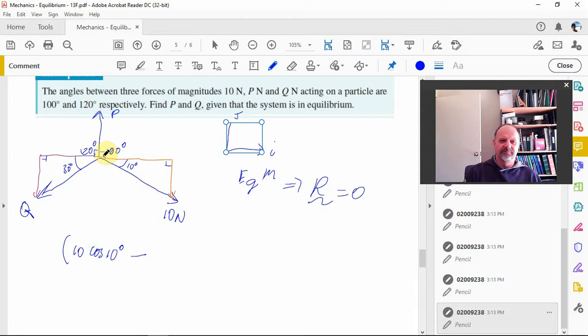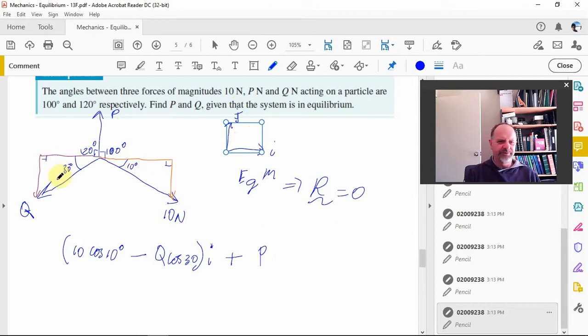Minus, because this one's pointing the opposite direction, and that's Q cos 30, I. Plus, then in the J direction, P's pointing up, so it's just P. I purposely made my I and J's so that J pointed up there and I was at 90 degrees.